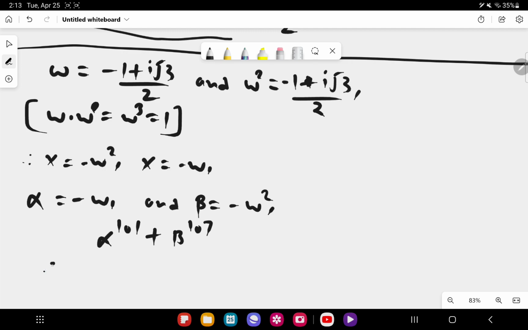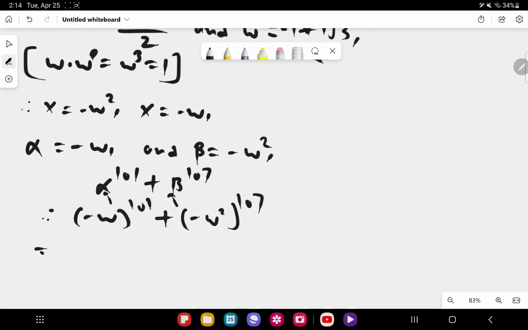Okay, now let's substitute the values of alpha and beta into this expression. So alpha is minus omega, therefore the expression becomes minus omega to the power 101 plus, and the value of beta is minus omega square, so minus omega square to the power of 107.